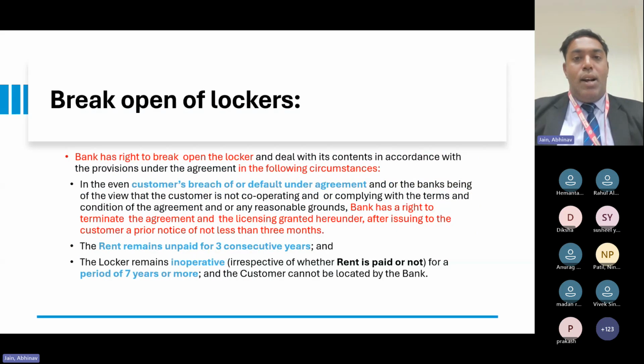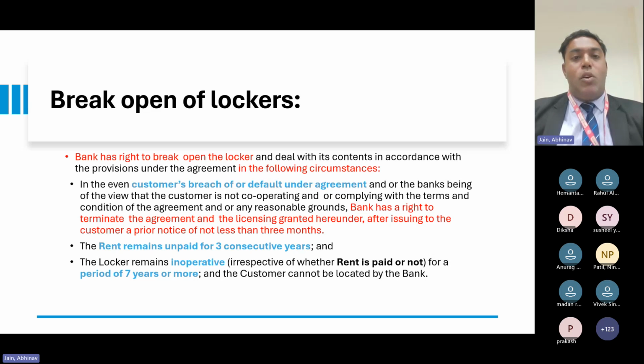Now let us discuss some important aspects about break open of the locker. Bank has right to break open the locker and deal with the circumstances. Suppose bank is having a right to terminate the agreement and licensing granted hereunder after issuing customer a prior notice of not less than 3 months. Important question.